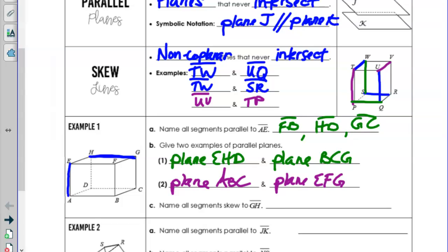So EA is 1. What did you say, Josiah? FB, good. What's another one? CG, very good. And then there's one more. HD intersects with GH, so it wouldn't be skew.